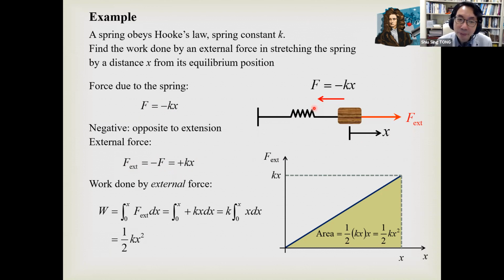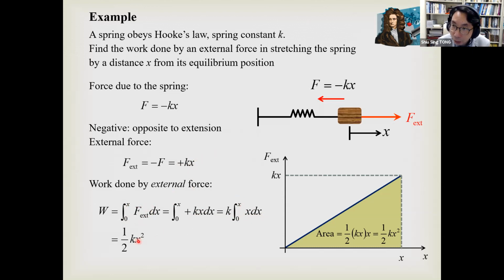Okay. Now I want to calculate the work done by the external force in stretching the spring by an extension x. So I integrate the force from 0 to x over dx. And since the external force is plus kx, I put in plus kx, and the k can be taken out. Now I integrate x dx from 0 to the final displacement x.